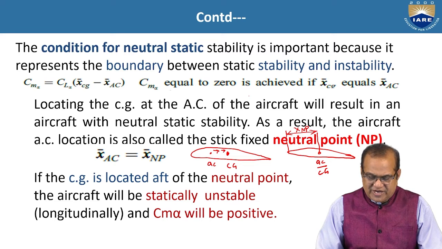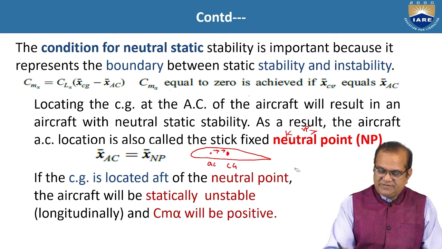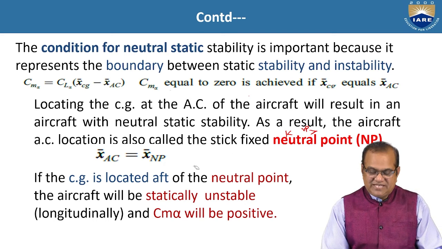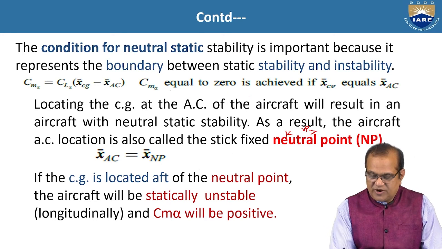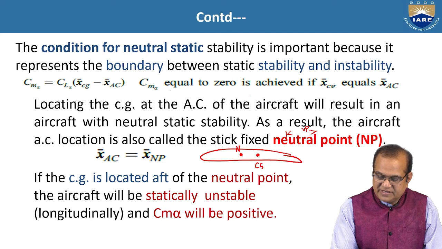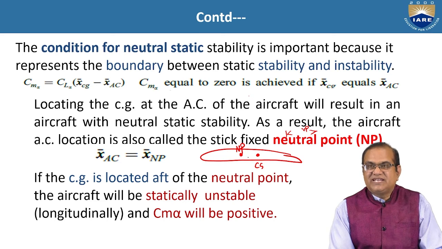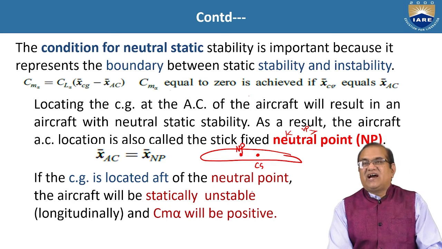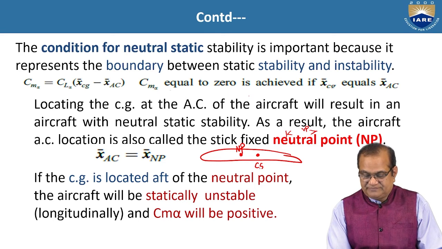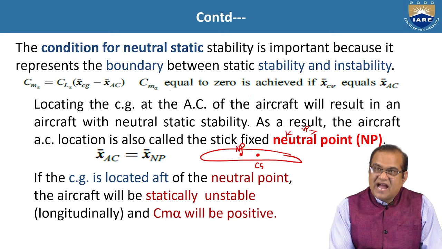If the CG is located aft of the neutral point, okay, this is the CG and this is the NP. So if the CG is aft of the neutral point, the aircraft will be statically unstable.